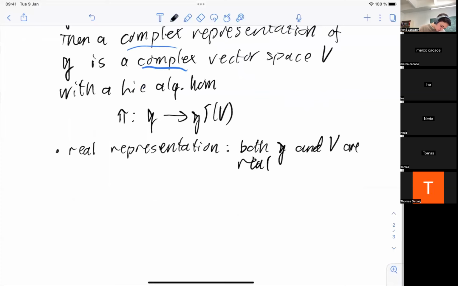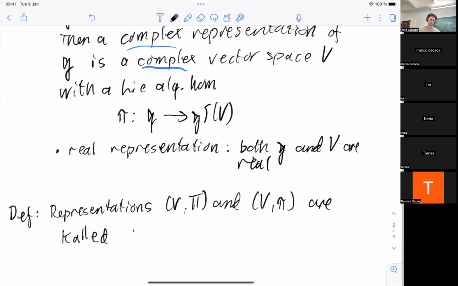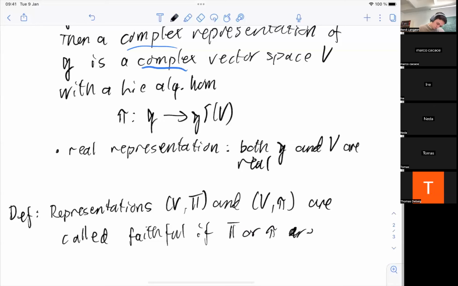And one final definition: representations V, pi and V, small pi are called faithful if pi or small pi are injective.